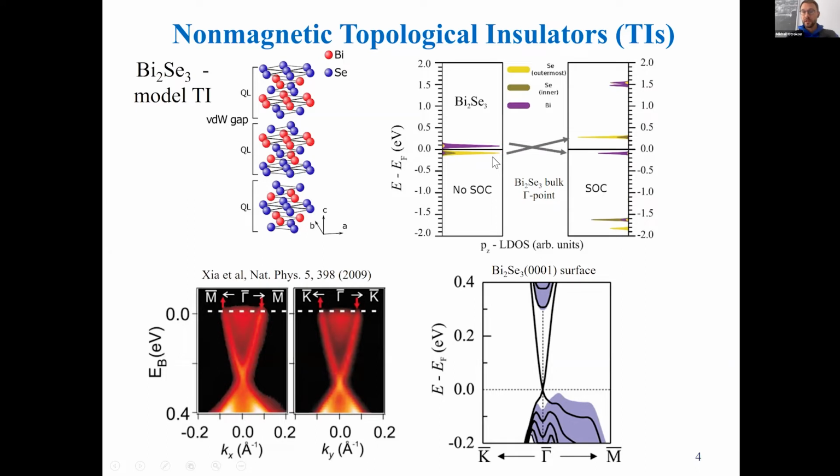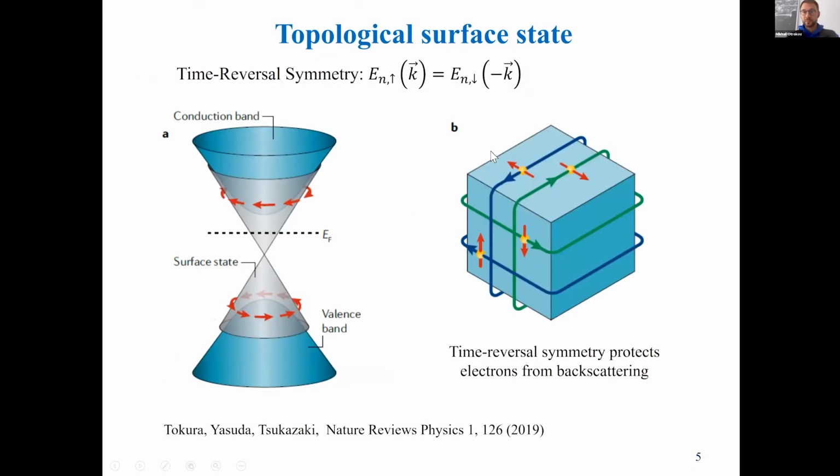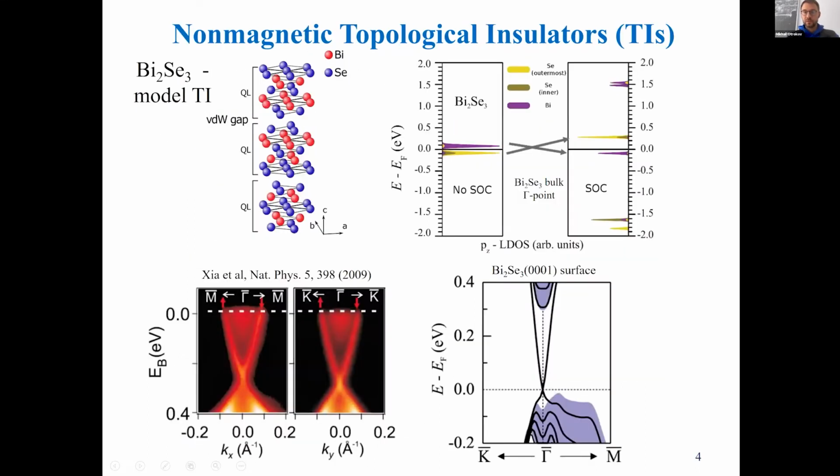But once you switch the spin-orbit coupling on, this sequence gets inverted around the gamma point and exactly at the gamma point. But otherwise, in the rest of the Brillouin zone, it stays as it was. So this is what is called the bulk bandgap inversion due to spin-orbit coupling.